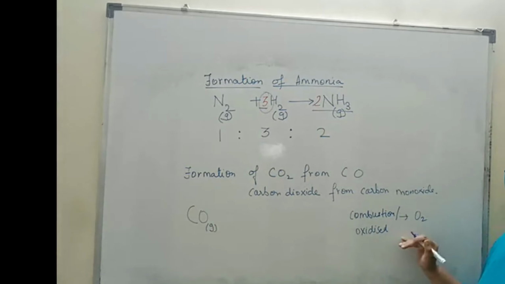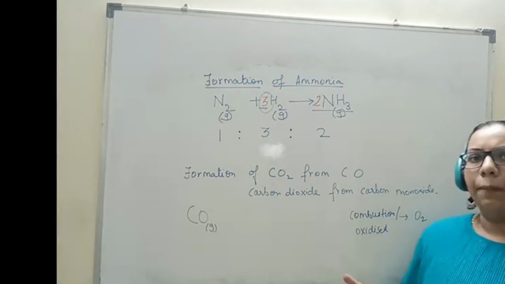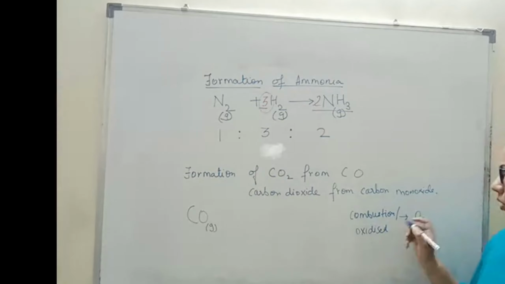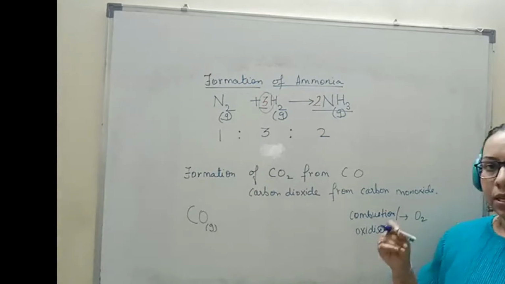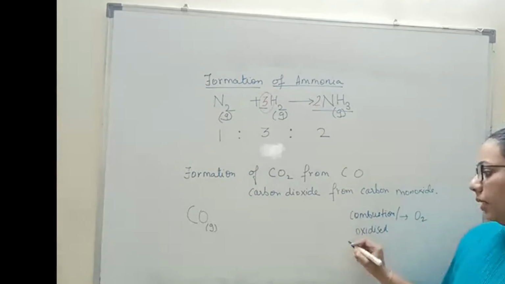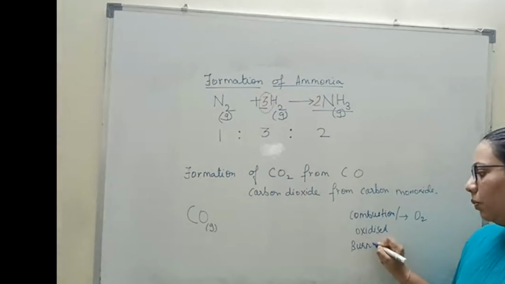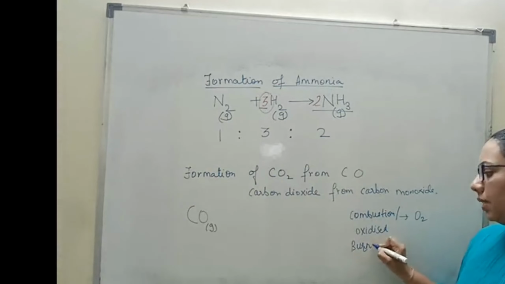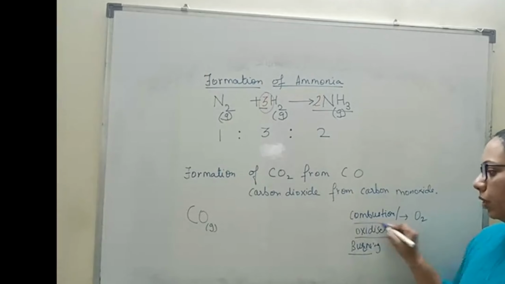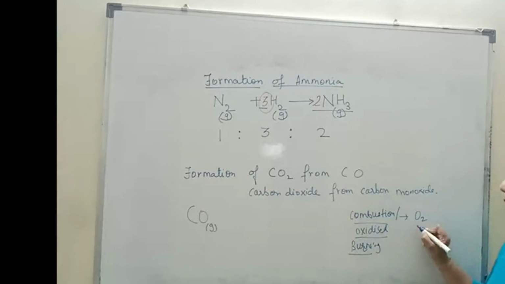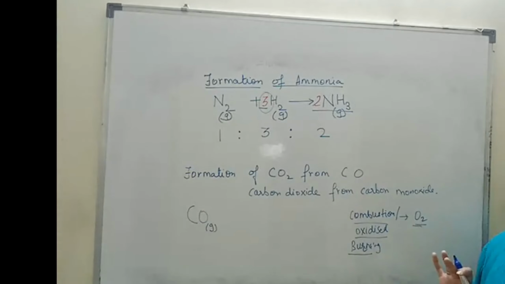It may not be given to you, but you should know combustion needs oxygen. Sometimes they use the word burning, for example, it has been burnt at this temperature, or this much sample has been taken. So burning, oxidize or combustion, these words are used. You will always have O2 in that reaction.